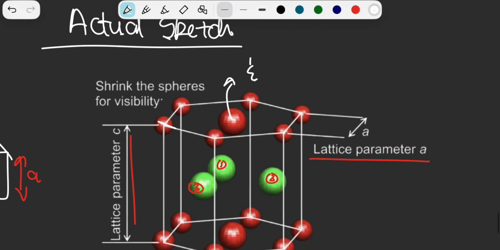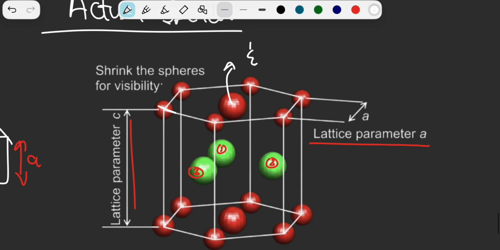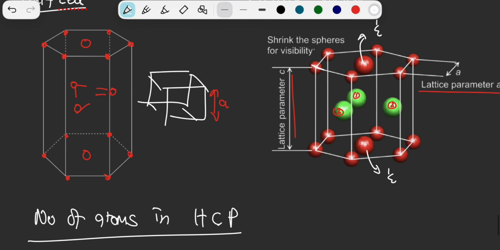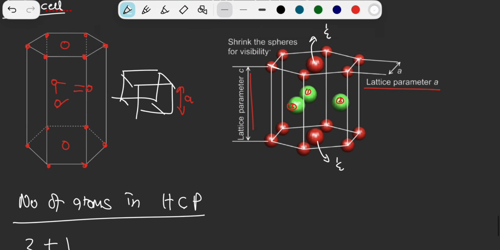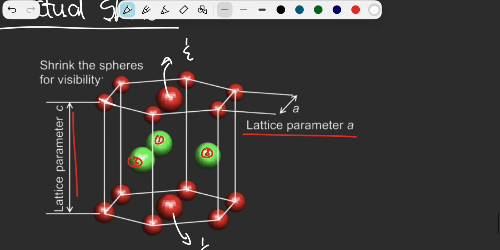The other half goes to the other hexagon that will be above, and then another half is going to belong to this fella. So we're going to have one atom basically coming from the center atoms: half of an atom, and then half of an atom.